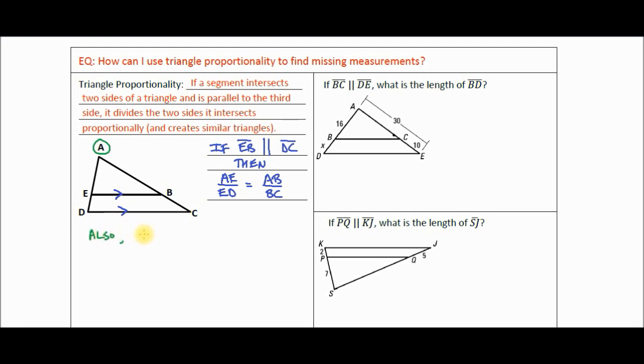Also, since angle AEB is congruent to angle ADC, and angle ABE is congruent to angle ACD. Let's find out for a second, how do we know this?